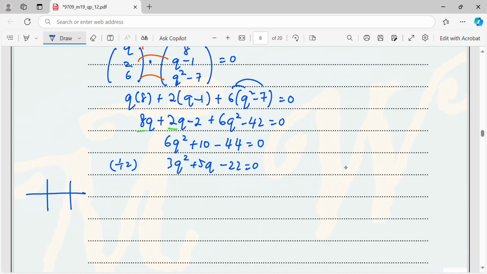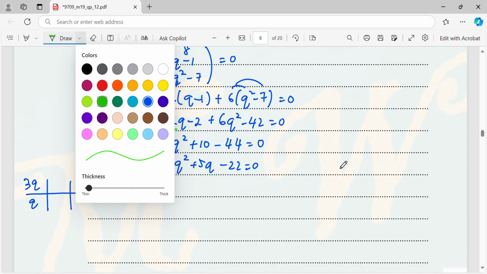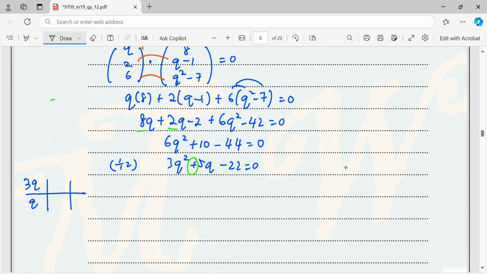So now to get 3q squared, it must be 3q times q. And then look at the sign here, plus times minus to get a minus. So I will have 1 plus and 1 minus. But then when looking at the 5q here, that means I will have to write here is plus, this is minus.